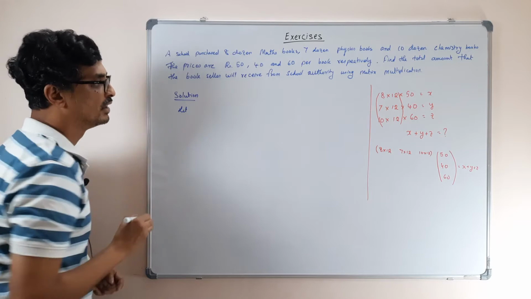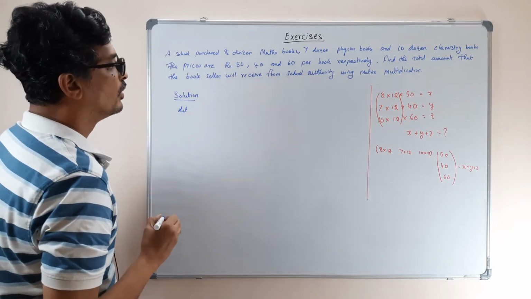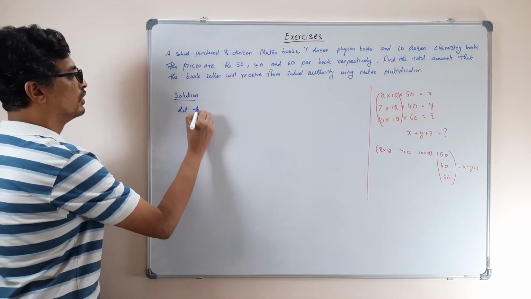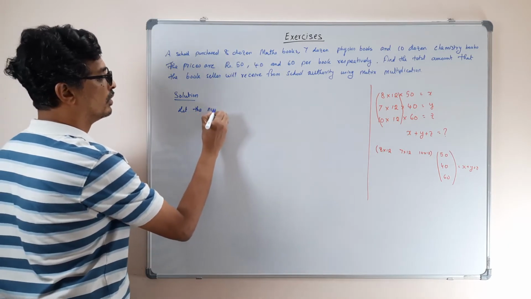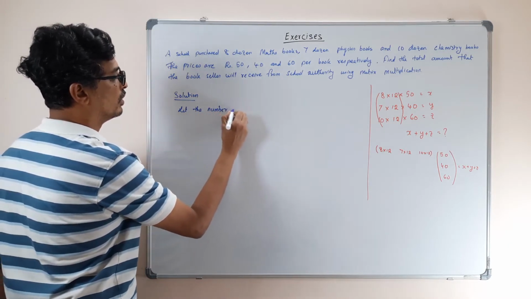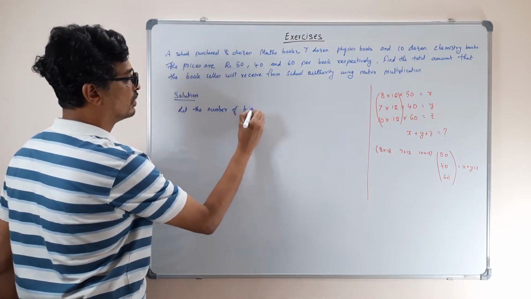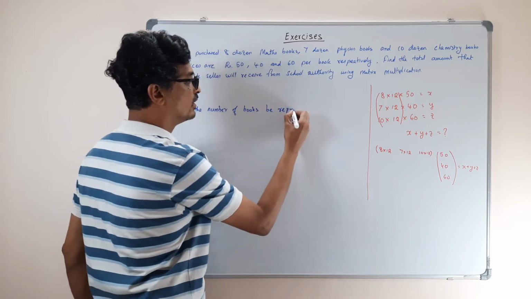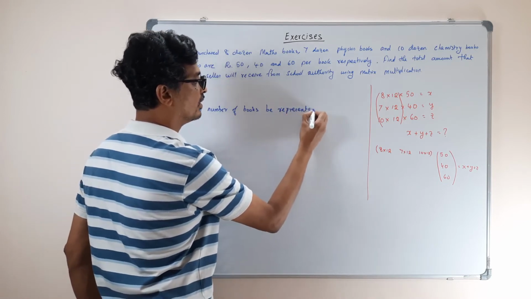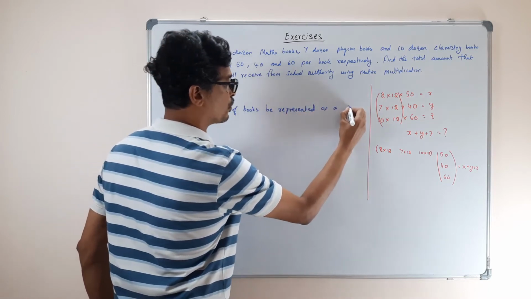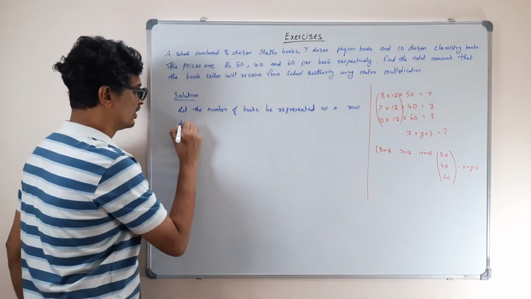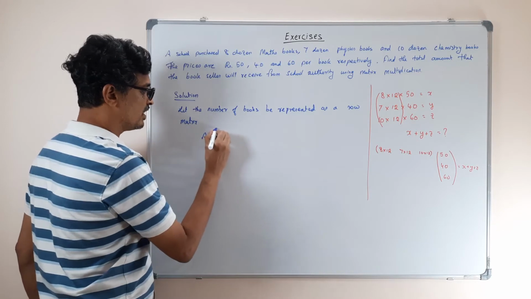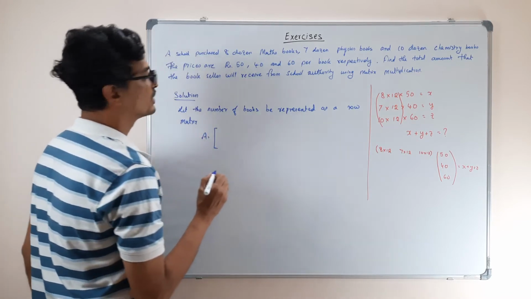Okay. So solution is what? Let the number of books be represented as a row matrix, correct? A. What will be A? Tell me. So the row matrix is what?